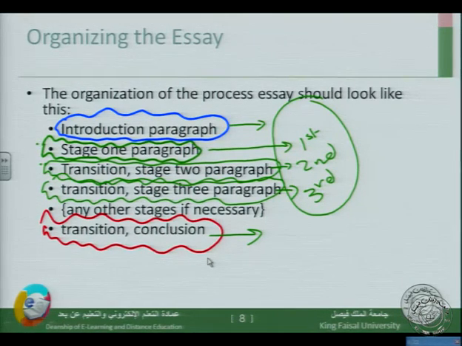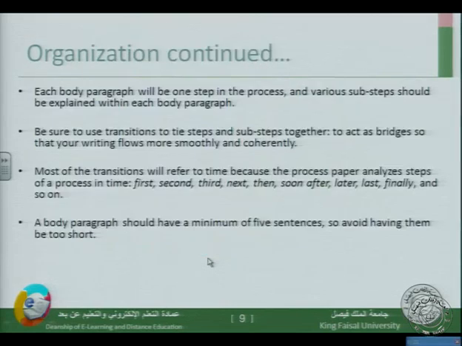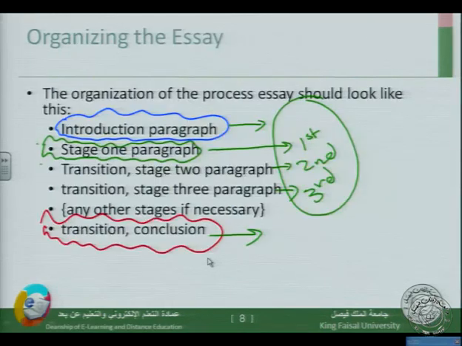Again, this is kind of a summary for our last classes. Cool. Let us move on. Each body paragraph, which was outlined by blue, will be 1 step in the process, and various sub-steps should be explained within each body paragraph.